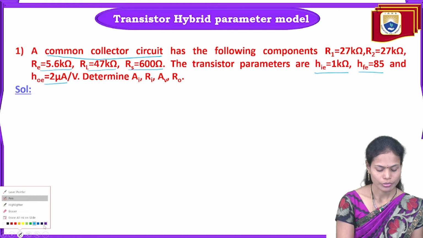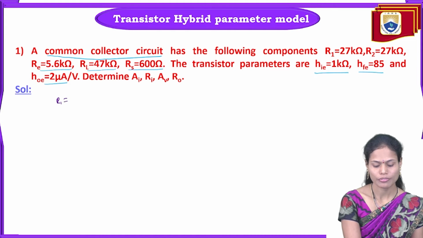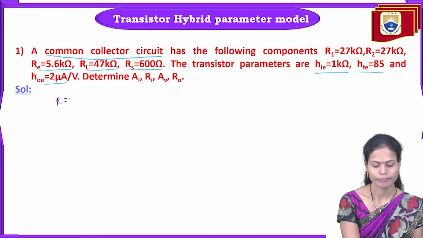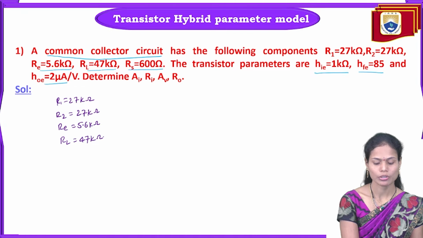For this circuit, I'm writing the given parameters. From these given parameters, we need to draw the common collector circuit now. R1 is 27 kilo ohms. R2 is also 27 kilo ohms. The emitter resistance is 5.6 kilo ohms. The load resistance value is 47 kilo ohms.